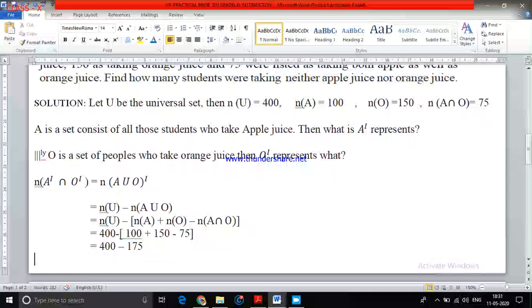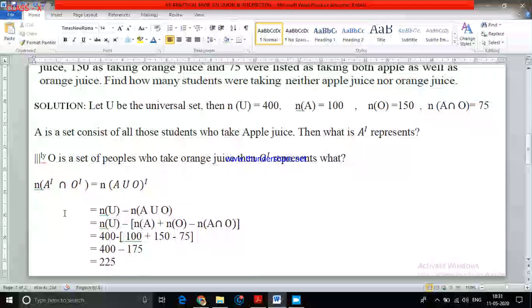So in the final step, 400 minus 175 is 225. There are 225 people who do not drink either of the juices. They don't drink apple and orange juice. So this is how you solve this question.